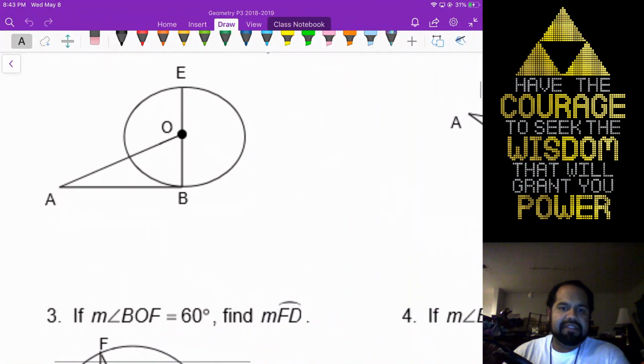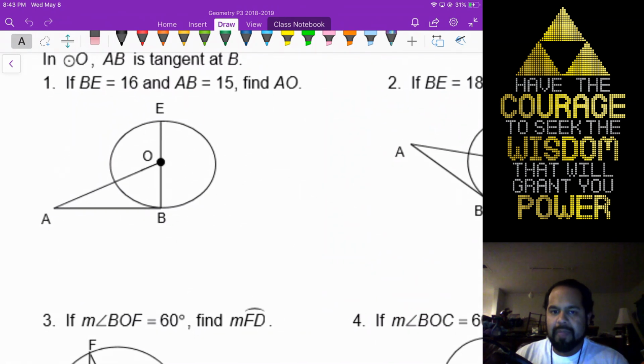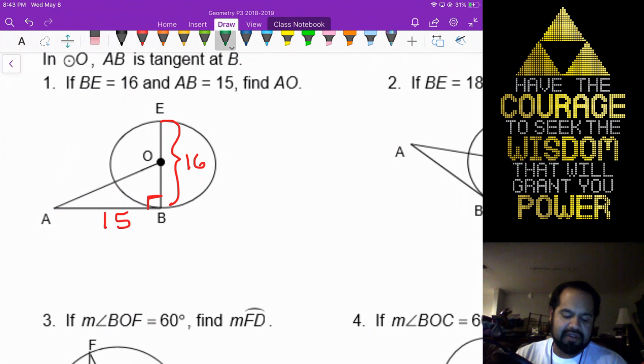In all of these problems here on this first set, we assume that AB is tangent, which means that we're going to be allowed to do one thing, and that is mark that we have a right angle here. So BE is 16, AB is 15. We wish to find the measure of AO.